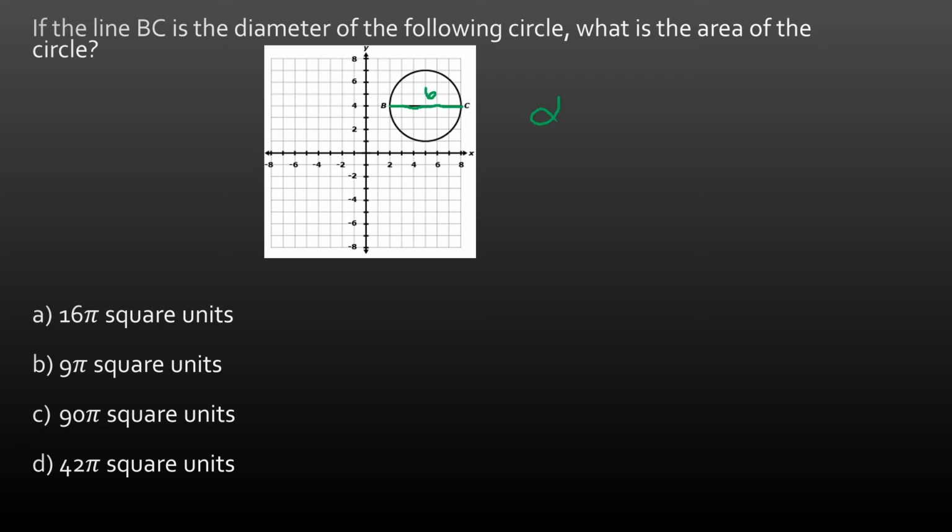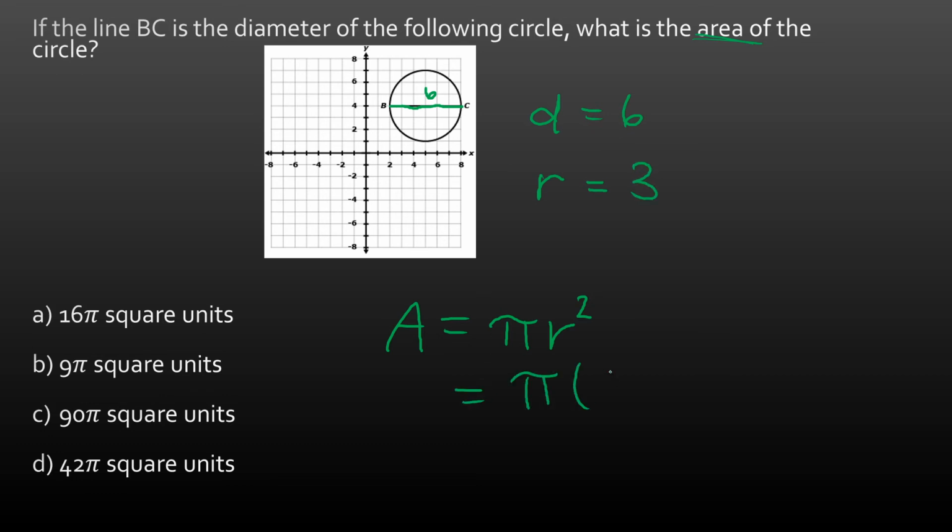So my diameter here is going to be 6. I'm trying to find the area. My area formula is pi r squared. Remember, radius is half of our diameter. So in order to find our radius, I need to take 6 and divide it by 2. 6 divided by 2 is going to give me 3.